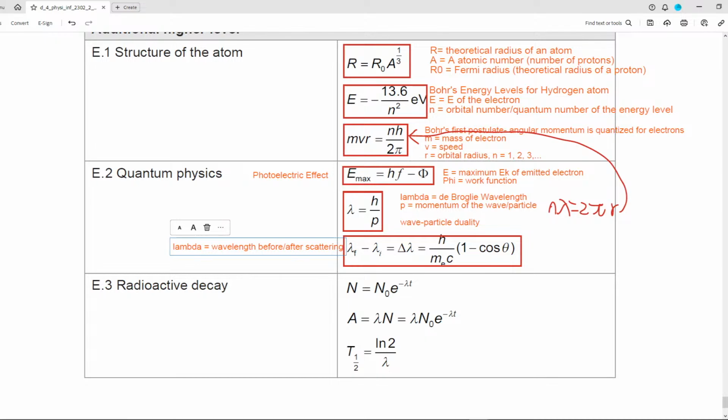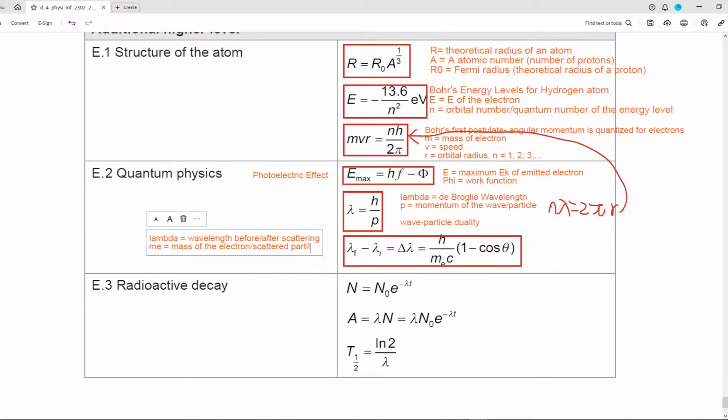Once again, if waves have momentum, they should be able to hit a particle and cause it to change trajectory, and Compton detected that. That's equal to, where m_e here is the mass of the electron, or if the IB exam or your teacher decides to give you a trick question and says you hit a proton, that's the mass of the scattered particle.